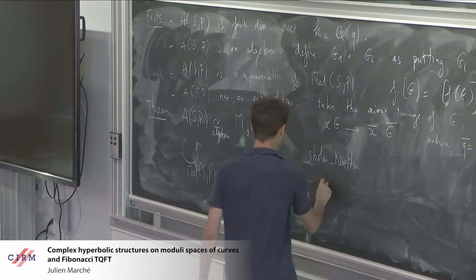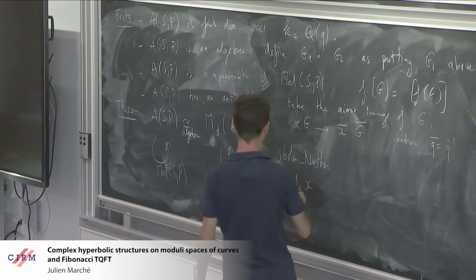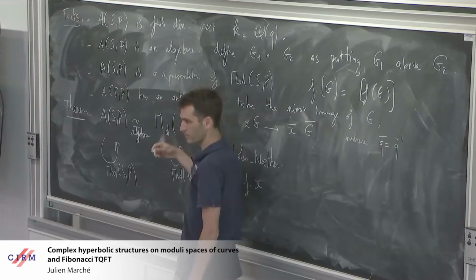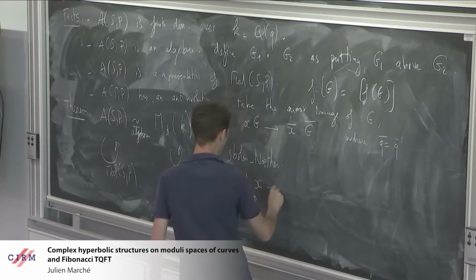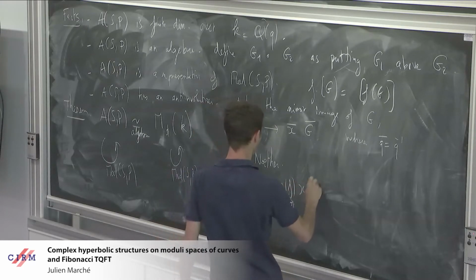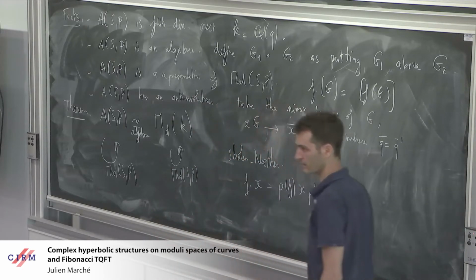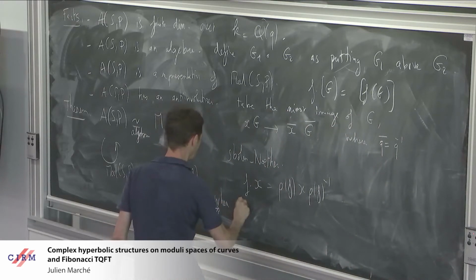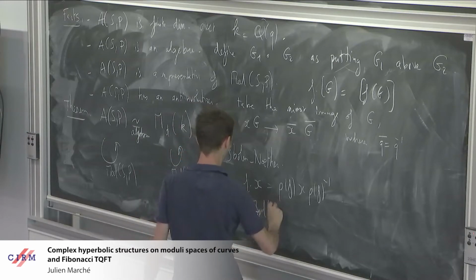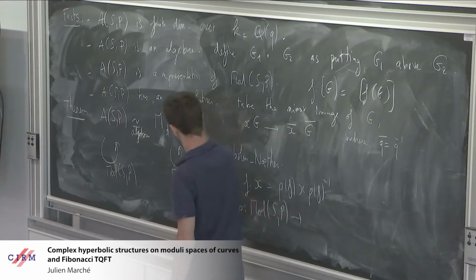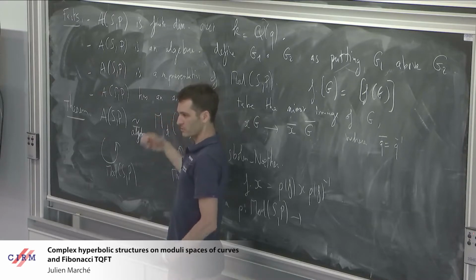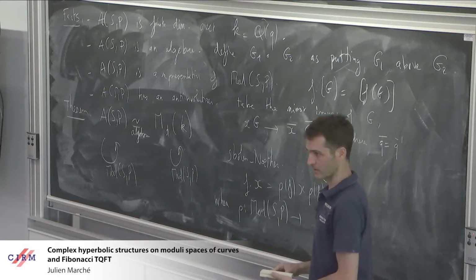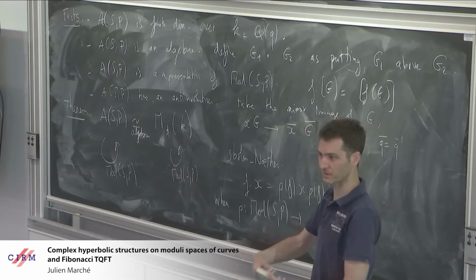So what it means is that F acting on X, where X is an element here, is a conjugation by some matrix: rho of F, X, rho of F inverse. Okay, for some rho. And what is rho? Rho is a matrix which conjugates, so it is defined up to a scalar. You have the same conjugation by multiplying.